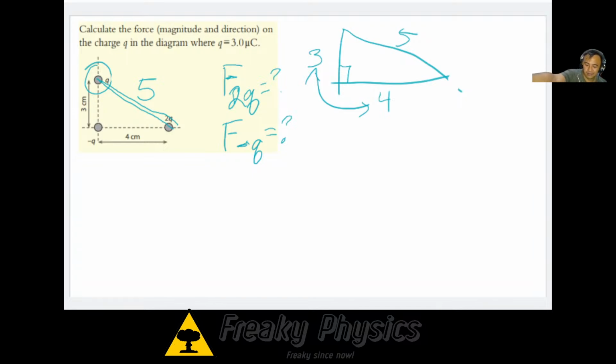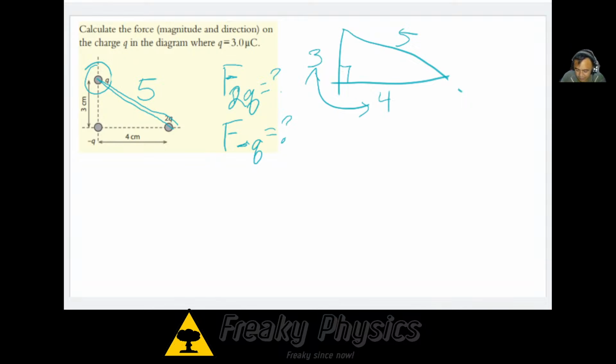Okay. I think you got an answer for one of those already. One of the forces. Negative q is negative q squared, you said. Wait, is that not the force?